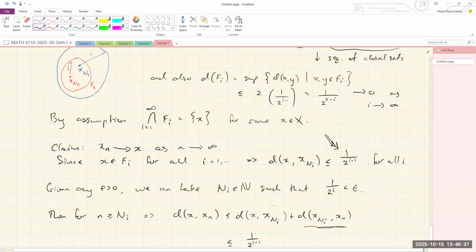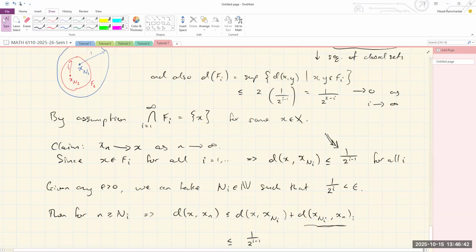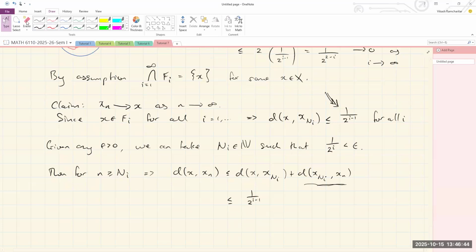Okay, so now we're just piecing together everything. I suppose I then need the 1 over 2 to the i minus 1, but it still works out. It doesn't matter if it's 1 over 2 to the i minus 1 or 1 over 2 to the i.